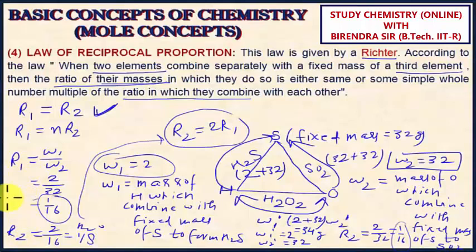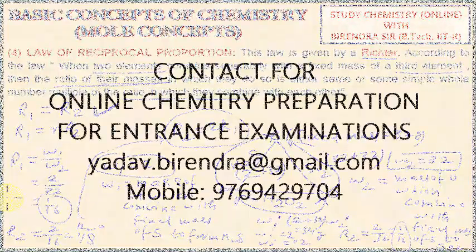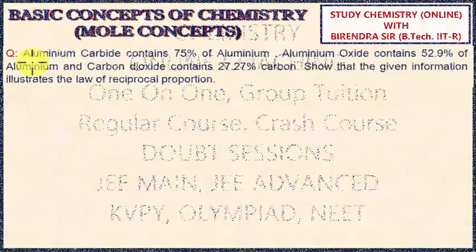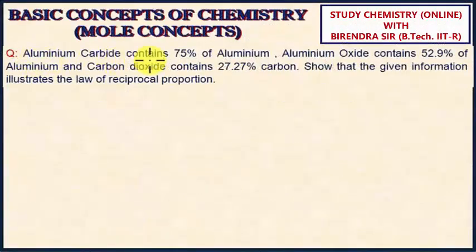Point is clear? Now, to understand this law in a better manner, I will take a question. Here the question says, aluminum carbide contains 75% aluminum. Aluminum oxide contains 52.9% of aluminum, and carbon dioxide contains 27.2% carbon.